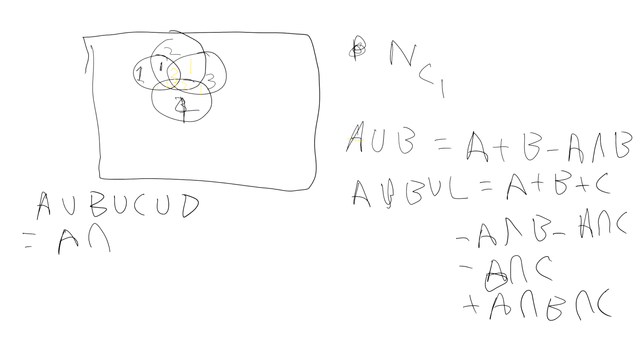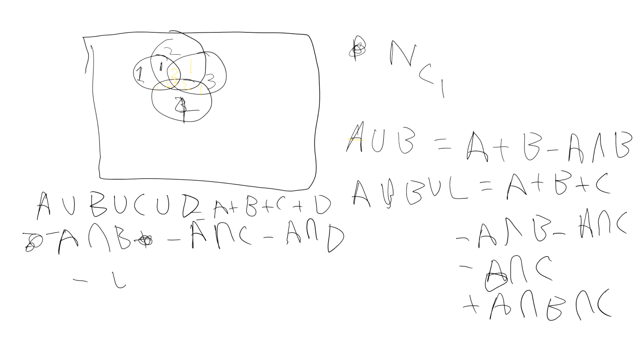It becomes A plus B plus C plus D. And then you subtract the A intersection B part, then A intersection C part, then A intersection D part, then B intersection C part, minus B intersection D part.